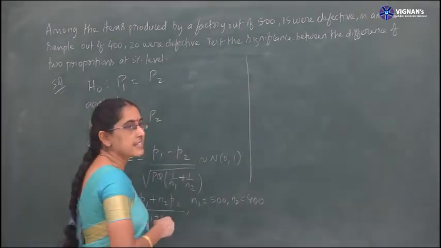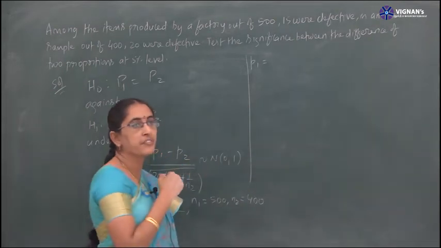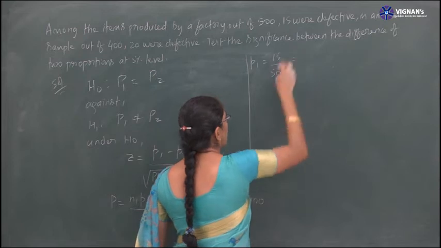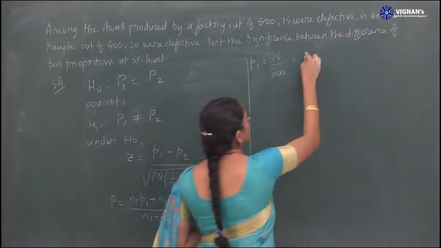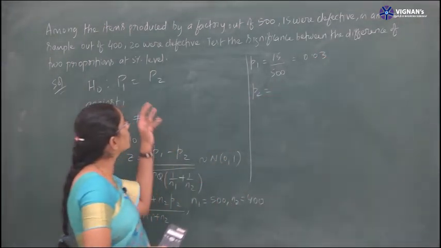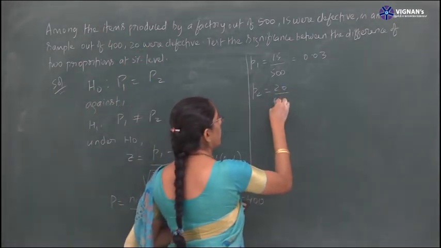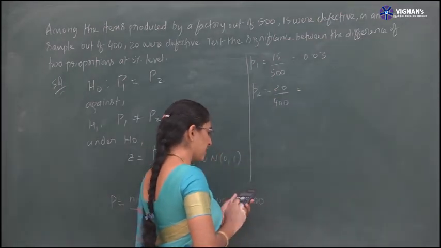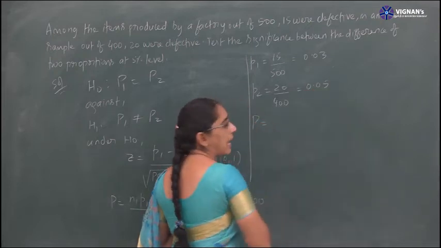Now regarding the sample proportions, small p1: out of 500, 15 are defective, so 15 by 500 is 0.03. And the second sample proportion: out of 400, 20 were defective, so 20 by 400 is 0.05.